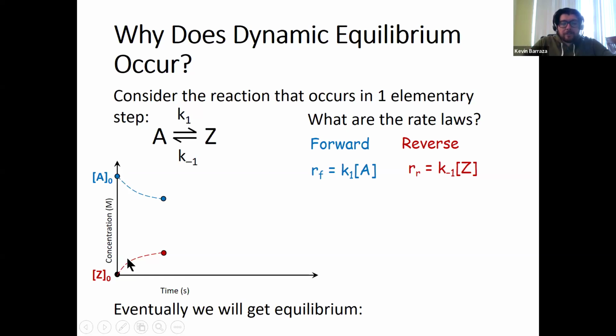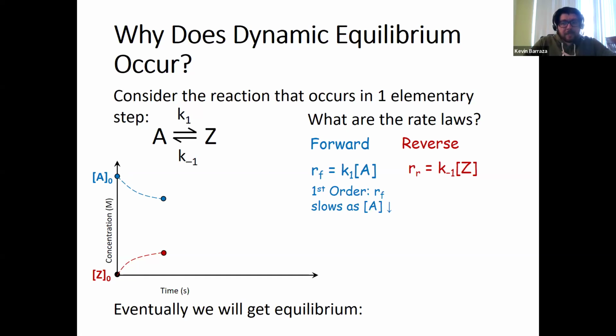And because of the one-to-one stoichiometry, for every one A, you make one Z, so the concentration of my product is going to go up by that amount. But as we know, with first order, the rate forward is going to slow down as the concentration of A decreases.